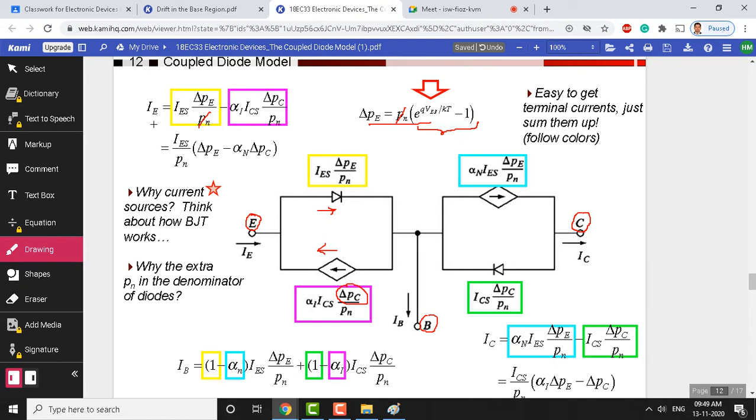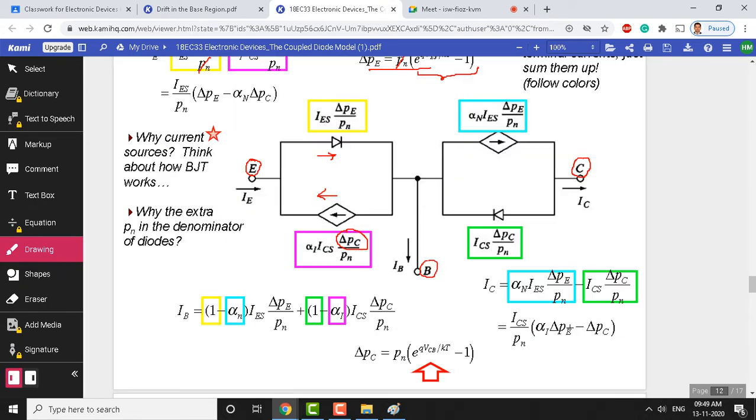The emitter will do the collection job when it is operated in the inverted mode, and the same thing you also see in the collector terminal. If you look at the collector equation, again it has two components. The first component is the current source component, and the second component is the diode component.